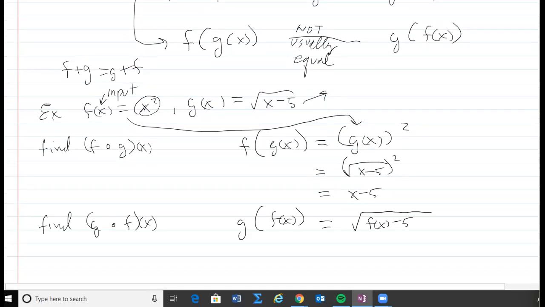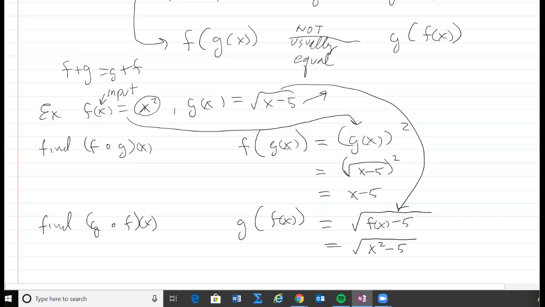So you're taking the g function and you're putting inside of it, instead of an x minus 5, you want f of x minus 5. Well, we do that first, and then we can put in the function f of x, so it becomes this. Okay, so that's our new function now.